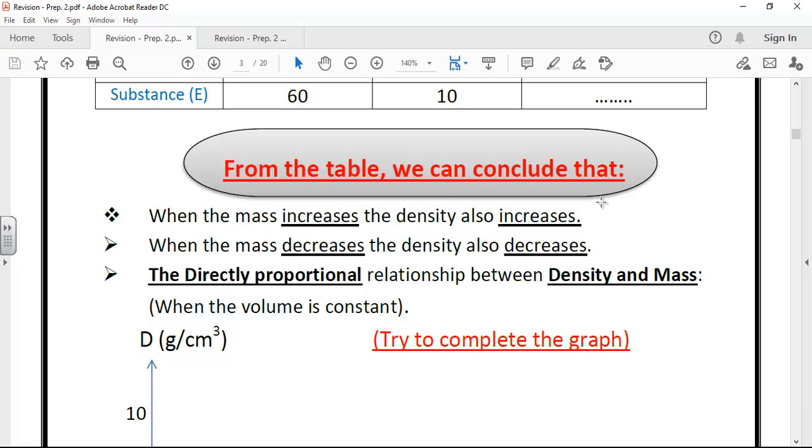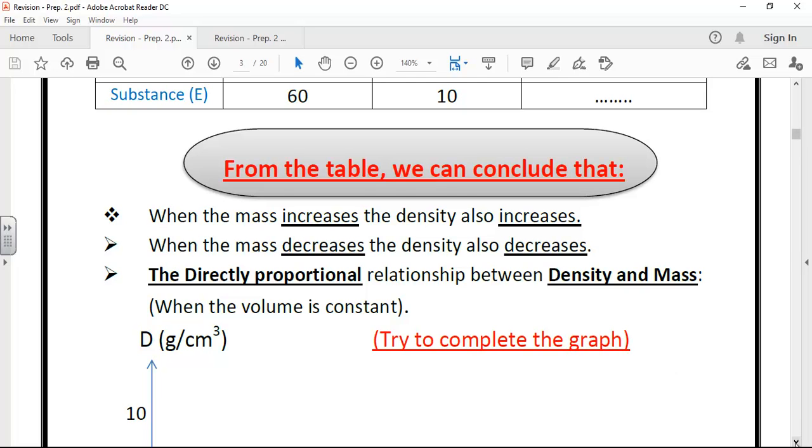In our example here, the density: when the mass increases, the density also increases. When the mass decreases, the density also decreases. So as you can see here, they increase together or decrease together. So we can conclude that there is a direct proportion between the mass and density.